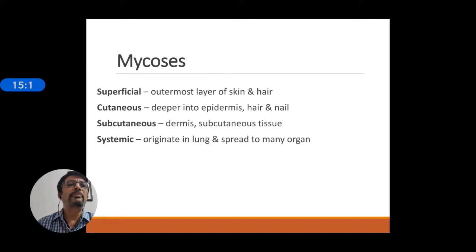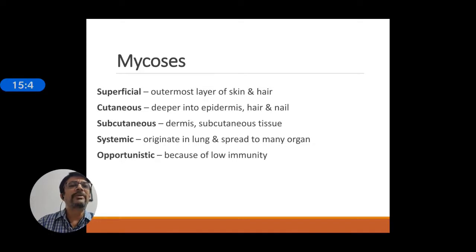We are putting them separate because clinically they are distinct. Cutaneous are due to dermatophytes. Then subcutaneous, which is beneath the skin, and systemic mycosis, which would originate in the lung and spread to various organs. So that's why it is known as systemic mycosis.